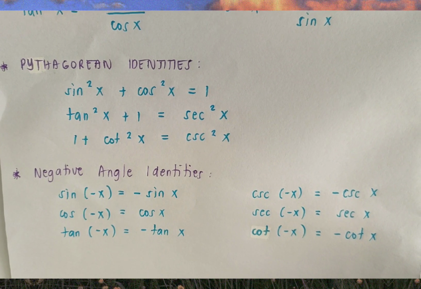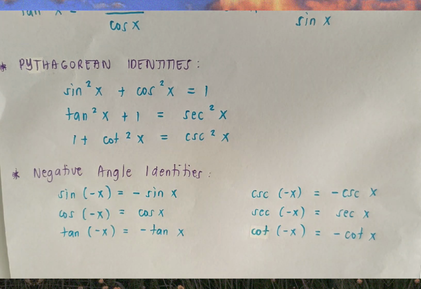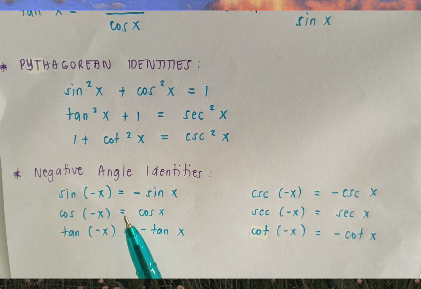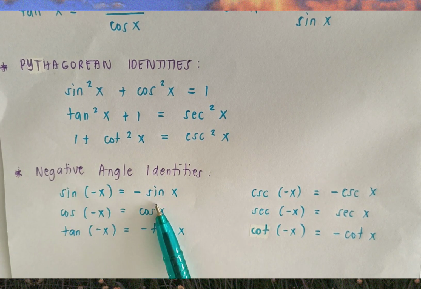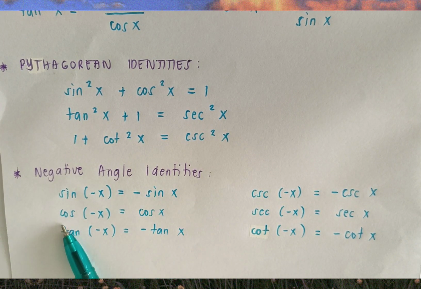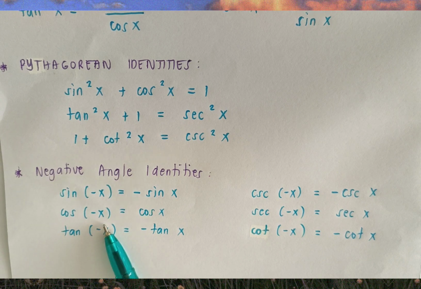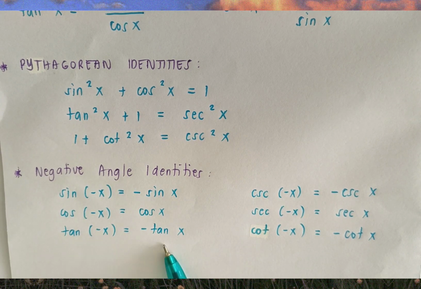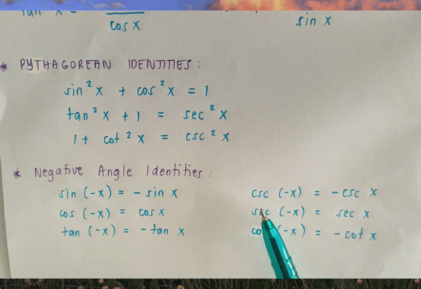And of course, we have the negative angle identities. For negative angle identities, we have 6. For sine negative x, it is also equivalent to negative sine x. Cosine negative x, cosine x. Tangent negative x, negative tangent x.